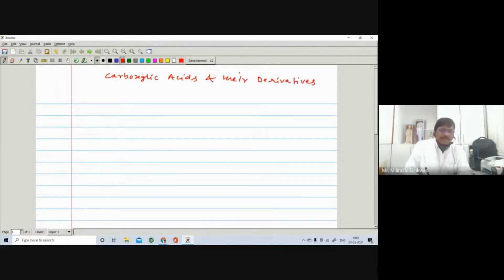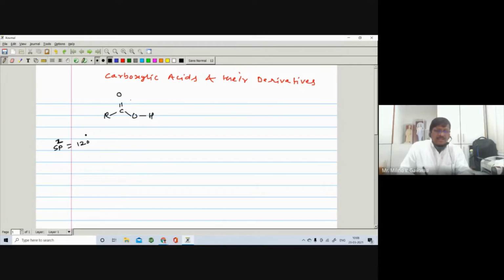So here we have to discuss the carboxylic acid. If you see the carboxylic acid, it is R, C double bond O, O and H. Here the carbon is sp2 hybridized, so the internal bond angle is 120 degrees.